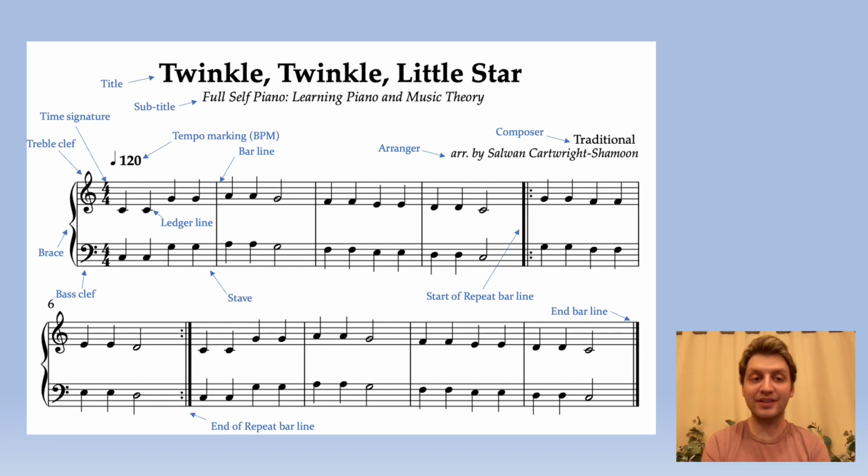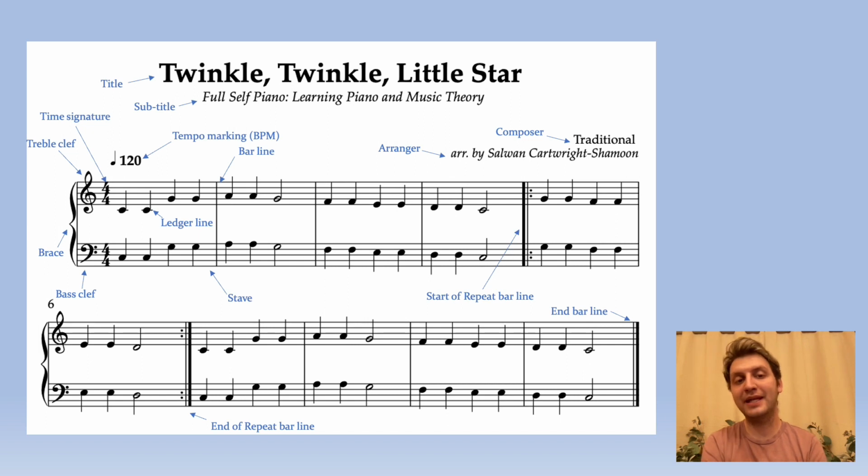Coming over to the left hand side, the highest item is a little note and the number 120, and that is called the tempo marking, and I've put in brackets beat per minute. Now the little note, as we'll come to see later, it's coloured in and has a line above it, and that's a crotchet note, and the 120 tells us how many of that type of note there is per minute.